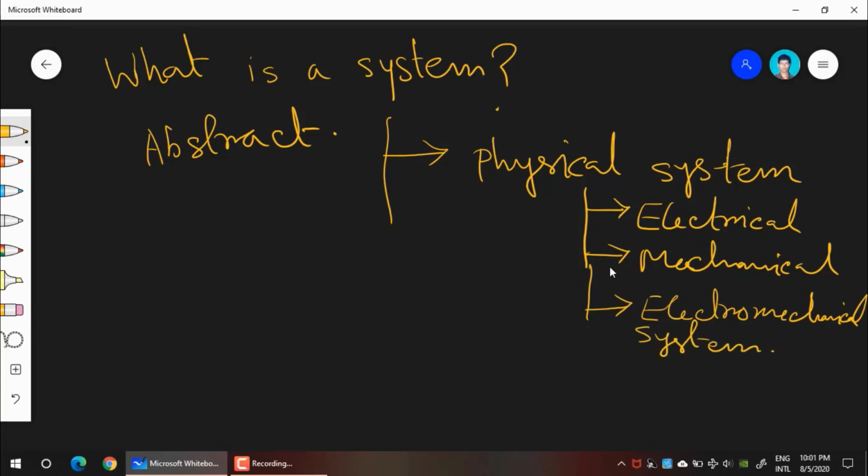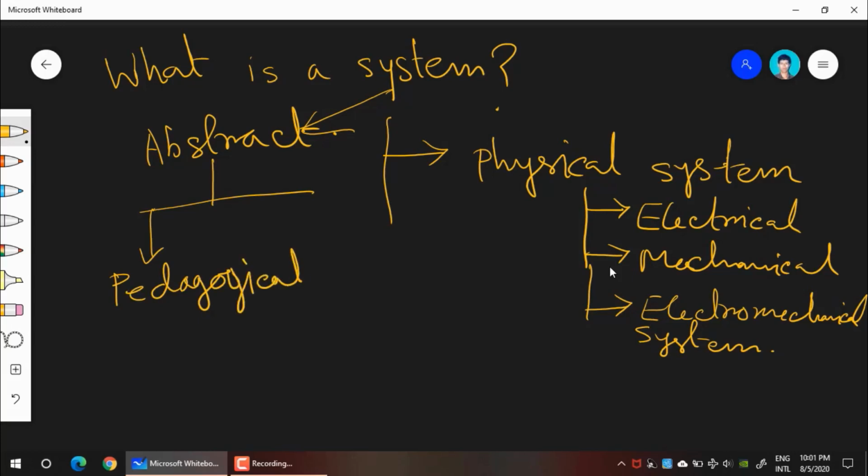Everything that you encounter in your daily life, whether physical or abstract, like our pedagogical process, means this teaching learning process, is also a system. Your banking is a system. Your nation runs on a system. Everything is a system.